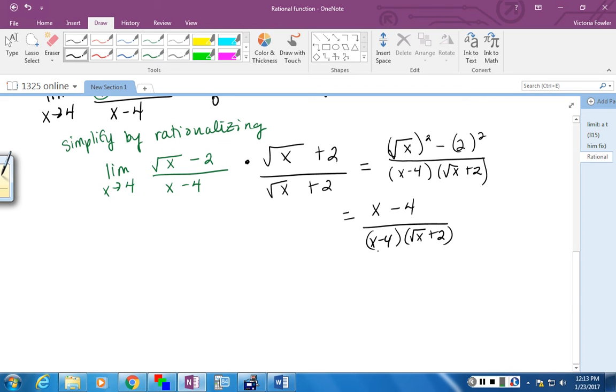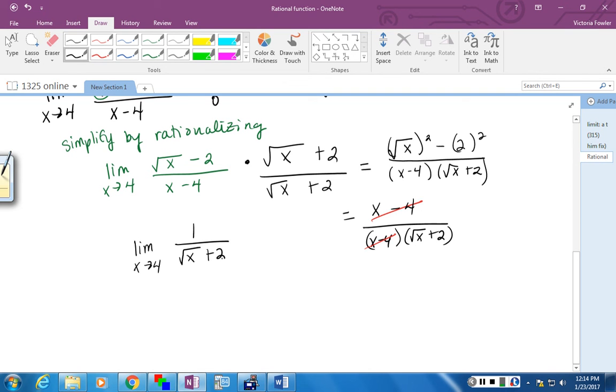Again, I've dropped that limit notation just for a moment to do some simplifying, but I really am intending to take the limit as x approaches 4. I can see a nice cancellation, and so my problem really becomes taking the limit as x approaches 4 of this other function. We're saying the square root of x plus 2 in the denominator, so I've got 1 over the square root of x plus 2.